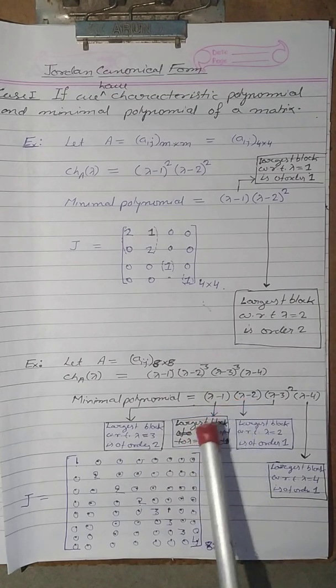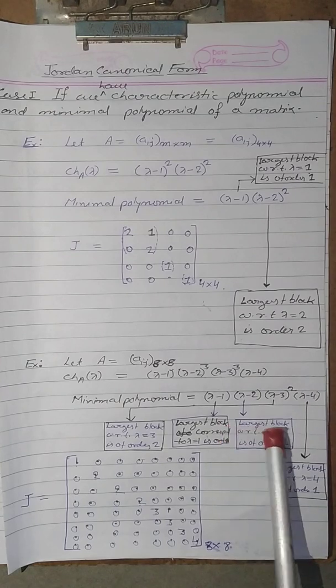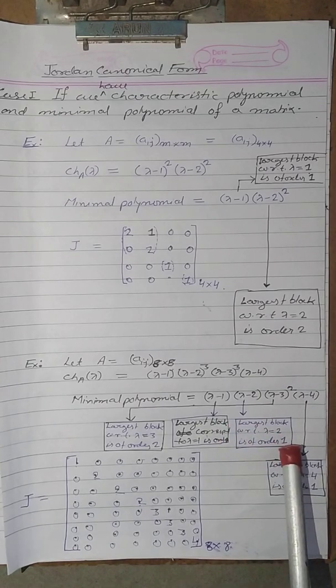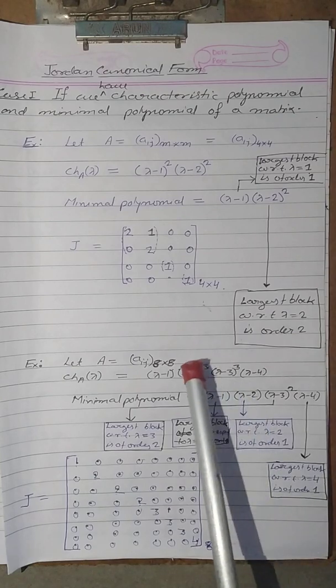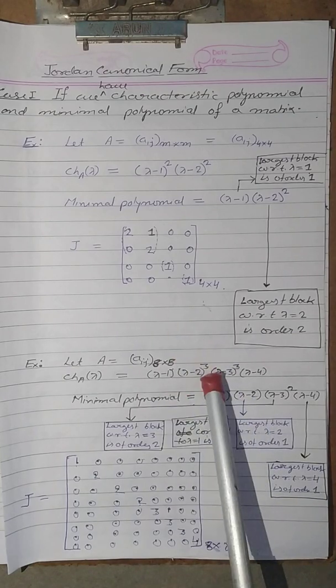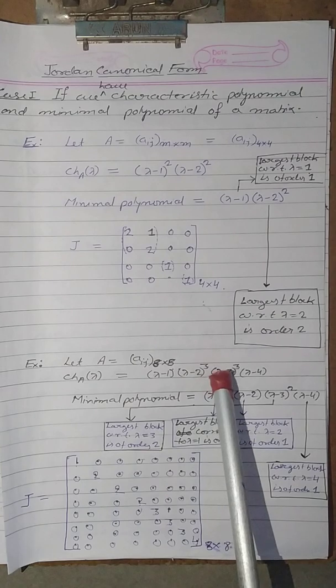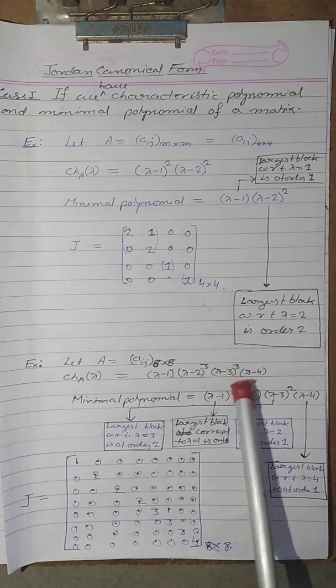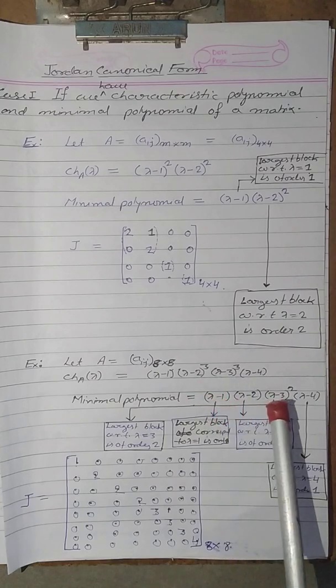Similarly, for lambda equal to 2, the largest block is of order 1. We have the multiplicity of lambda equal to 2 as 3, but the largest block is of order 1.